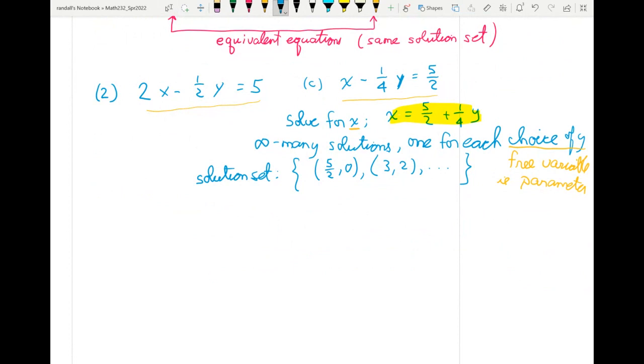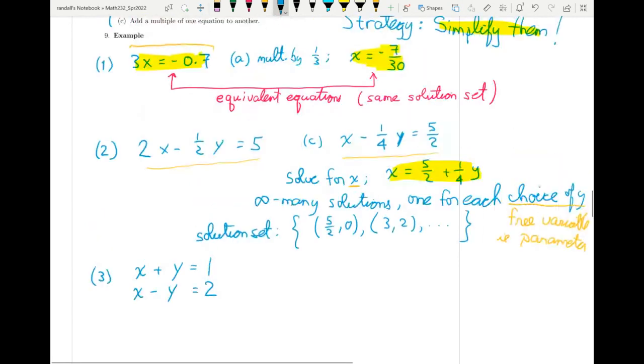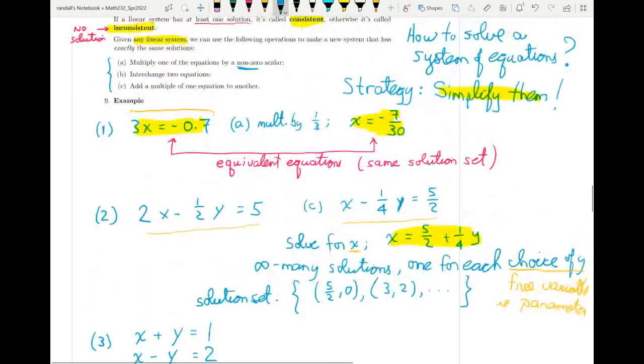Now I'll go on to a system of equations. Let's do a pretty simple one, two equations and two variables. Remember, geometrically, I'm thinking about the intersection of these two lines, but I'm working algebraically like we will do. Now I'm going to use step C, add a multiple of one equation to another.